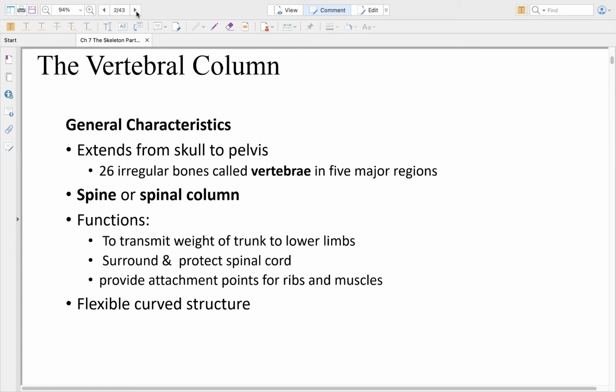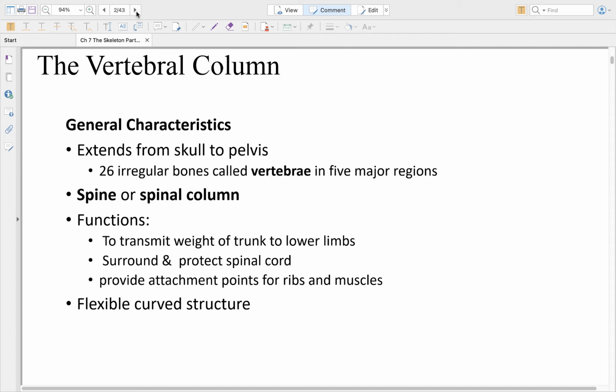So from the skull to the pelvis, we have about 26 irregular bones called the vertebrae, the vertebral column. Ultimately that vertebral column is designed to carry that weight and transmit it to the lower limbs that hold all of your body weight.